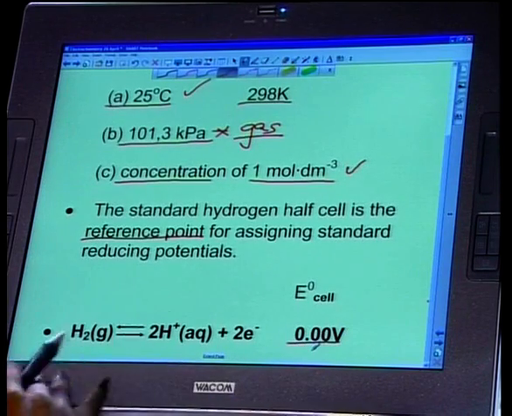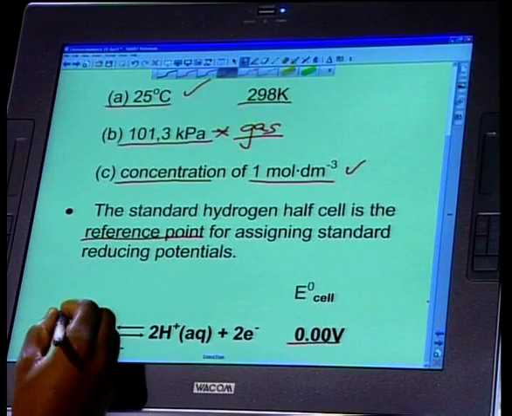In other words, even if it is producing some potential difference, we say let it be 0, so that we can measure the others against it. So if we connect it to a zinc half cell and the voltmeter gives us a reading, we'll say that reading is for zinc because our standard hydrogen half cell is assigned a value of 0.00 volts.